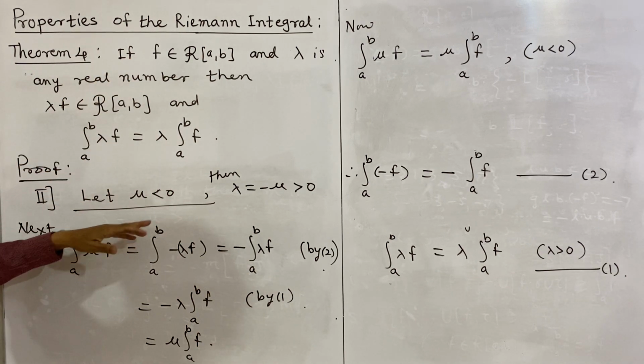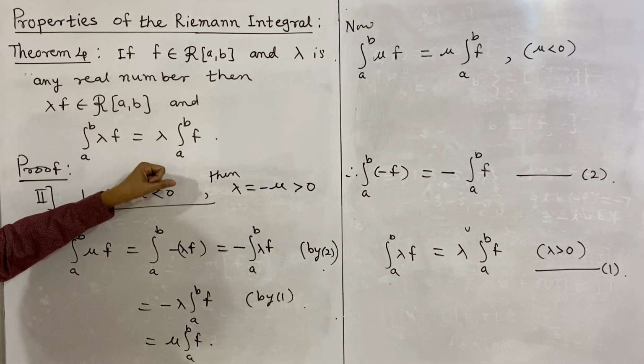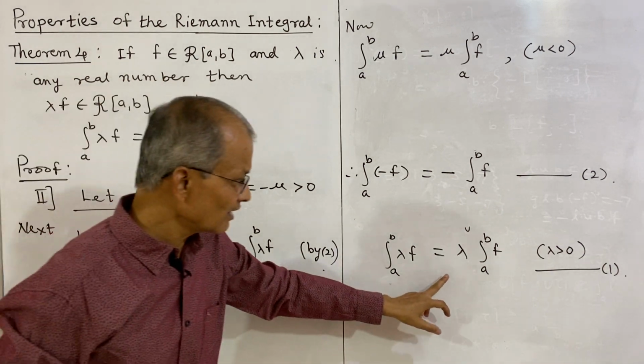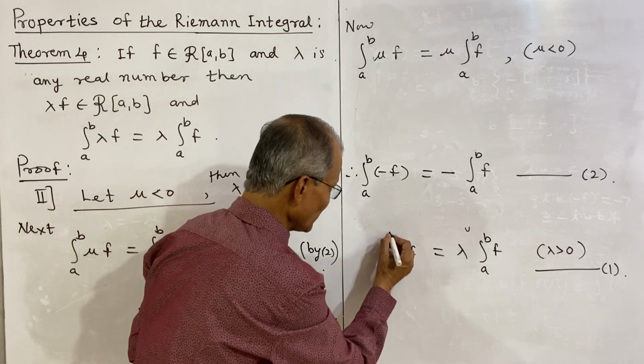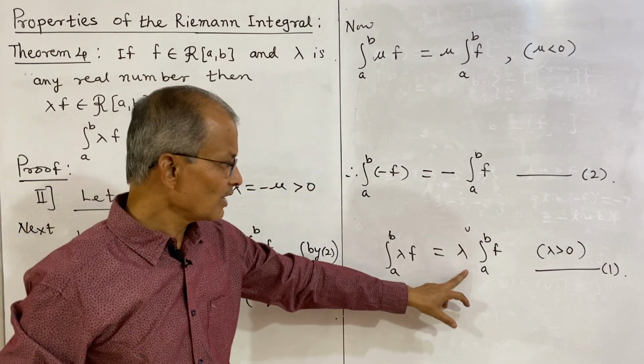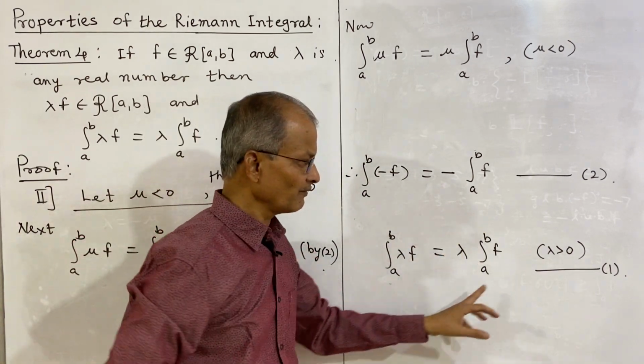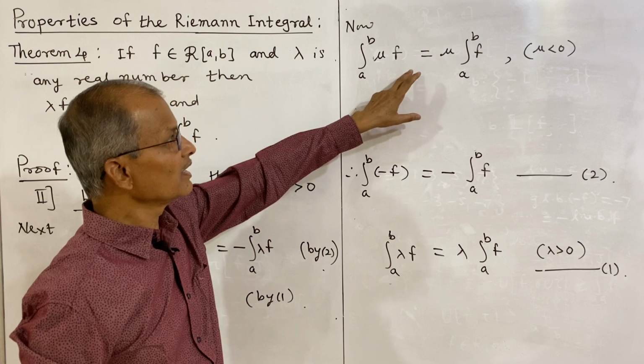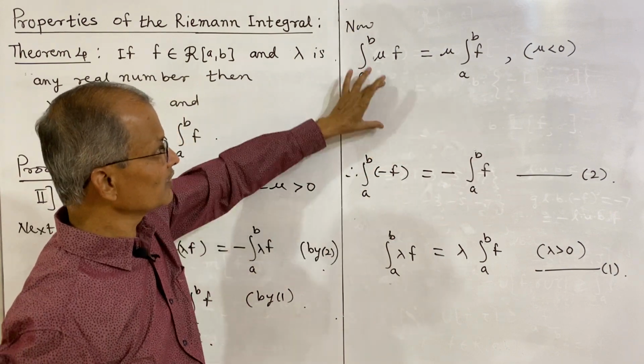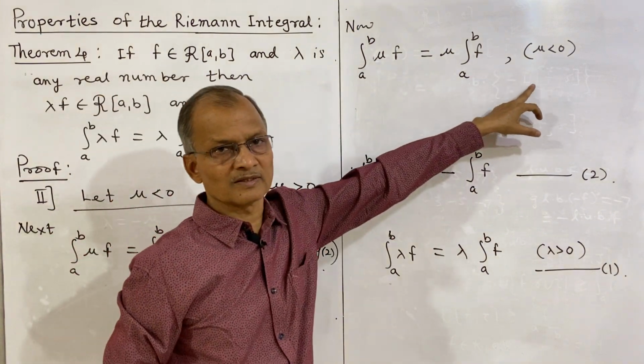Mu is a constant in terms of lambda, and lambda is also a constant. So we have proved the earlier result, that the integral from a to b of lambda times f is equal to lambda times the integral from a to b of f when lambda is greater than 0, and here we have proved the same form of the result when mu is less than 0.